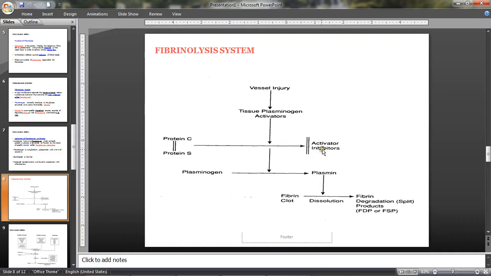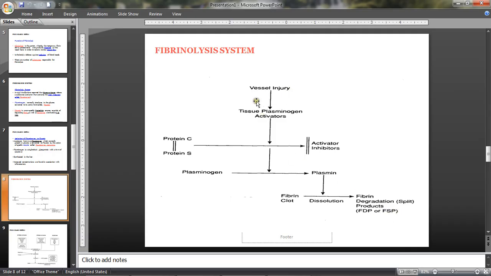activators is lost, and when this inhibition of the activators is lost, this converts the plasminogen into plasmin. Plasmin subsequently acts on the clot and causes the clot dissolution and produces the fibrin degradation products or FDPs or FSPs, fibrinogen split products.